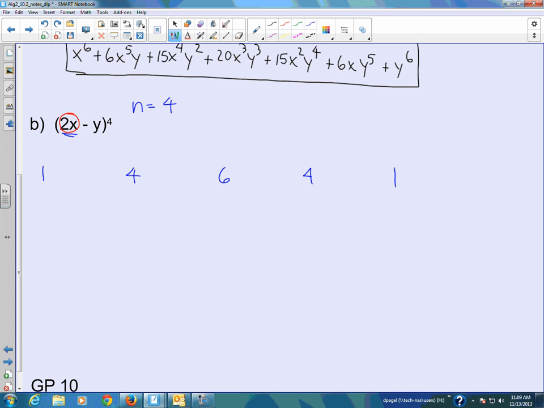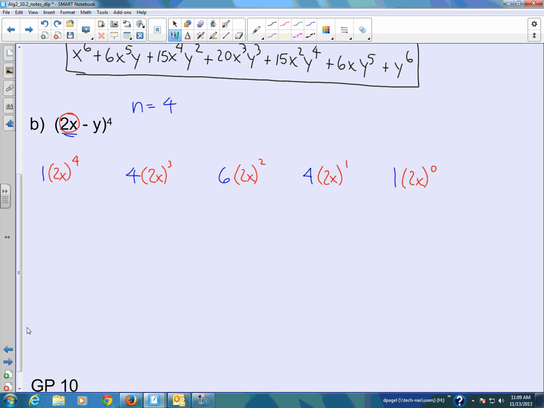All right, now in this next example, this is my leading term, 2x. So in step 2, I would take that term, and starting with the power of n, which is actually 4, I decrease. So this would be 2x quantity to the 4th power, 2x quantity to the 3rd power. Now the parentheses become important. 2x squared, 2x to the 1st, 2x to the 0.